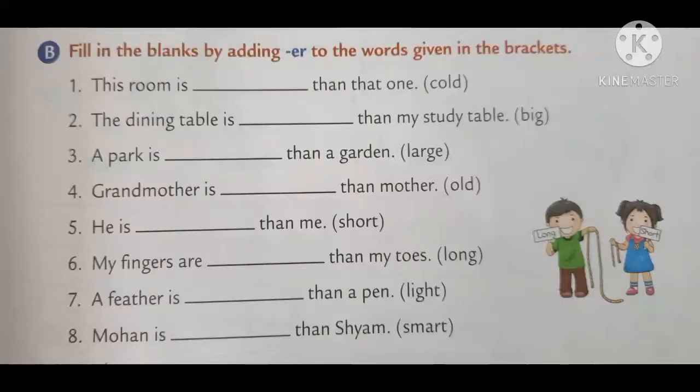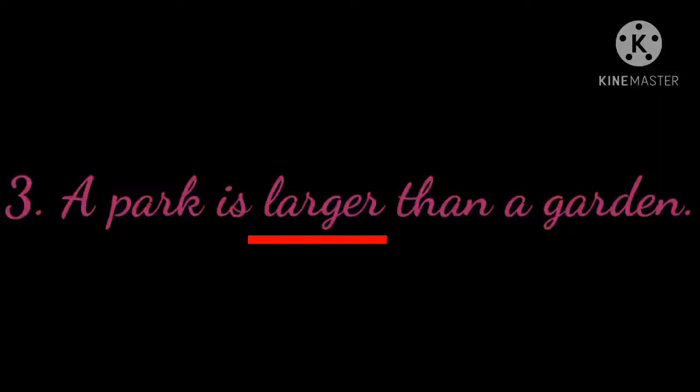So the third one, a park is dash than a garden. In the bracket, large is given. So what will come? Larger. So the answer for the third one is a park is larger than a garden.